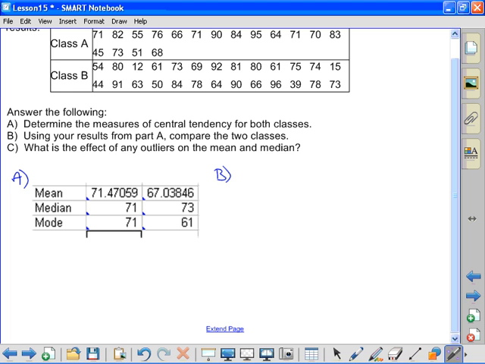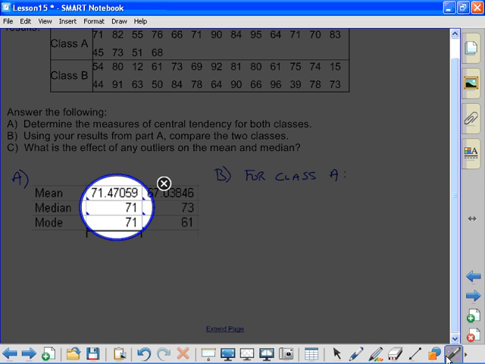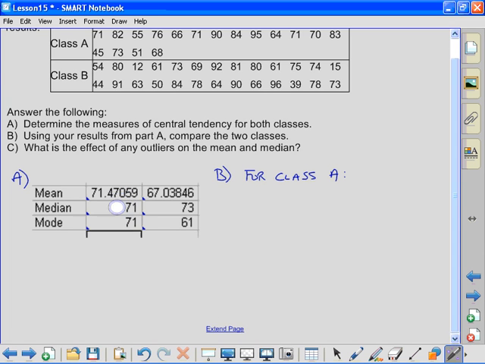So this is typically how it would work. For Class A, we're pretty safe to say that 71 was the average, the median, and the mode. So we know that the class performed fairly well, mainly because all three of these values really match up.